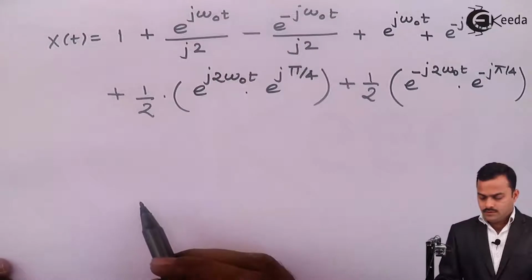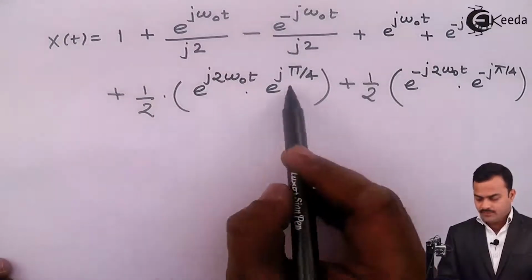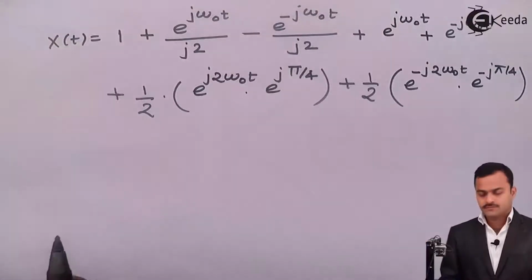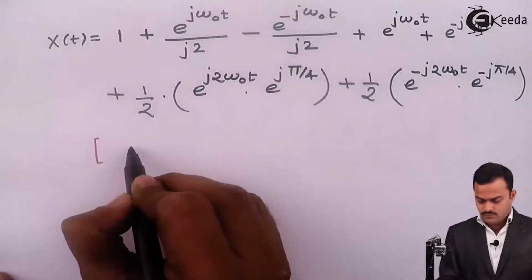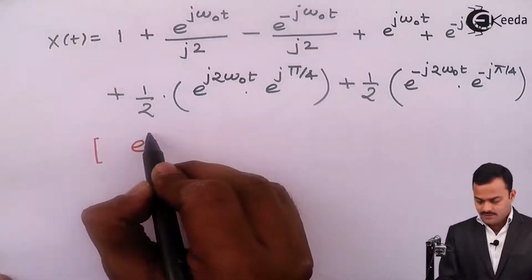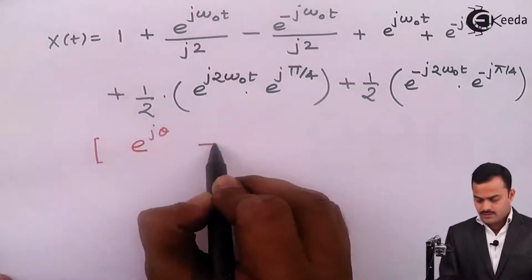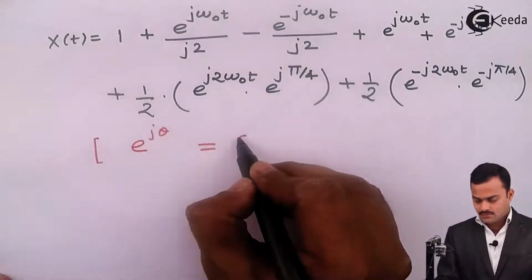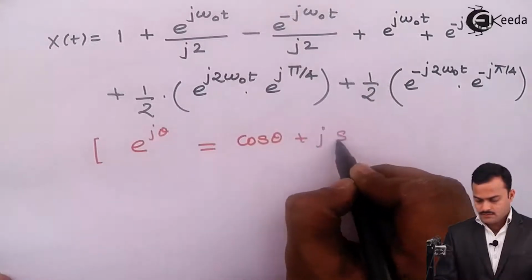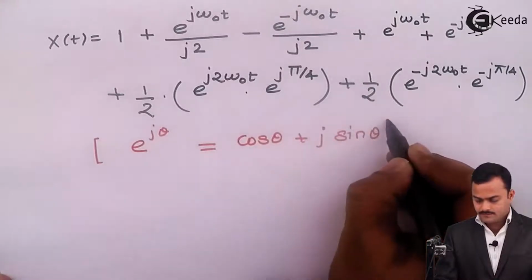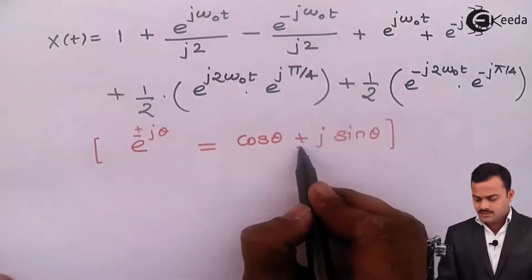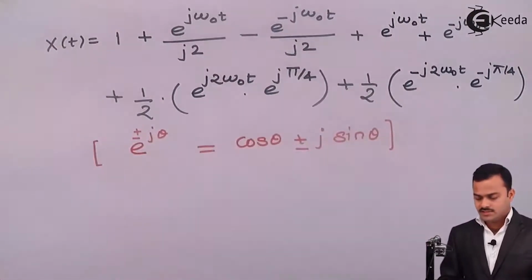Now let's simplify this. So e raised to j pi by 4. We know by Euler's formula that e raised to j theta I can write like this: cos theta plus j sin theta. And this is true for plus and minus theta, just the imaginary part will change.